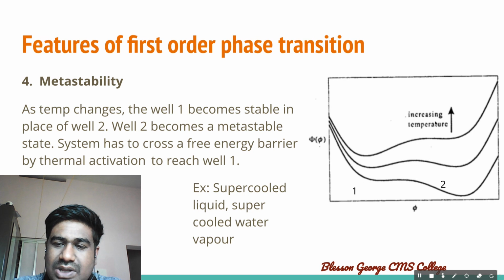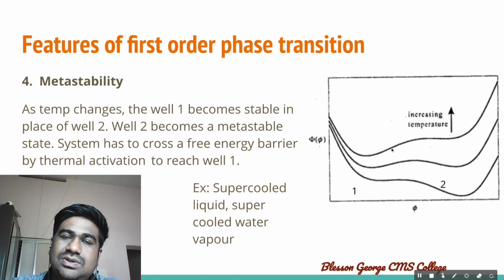But as the temperature is increased, well 1 becomes the stable state and well 2 changes to the metastable state. Consider a particle which was in well 2 and was happy that it was in the stable state. But as the temperature increases, well 1 becomes the stable state and well 2 is now the metastable state.